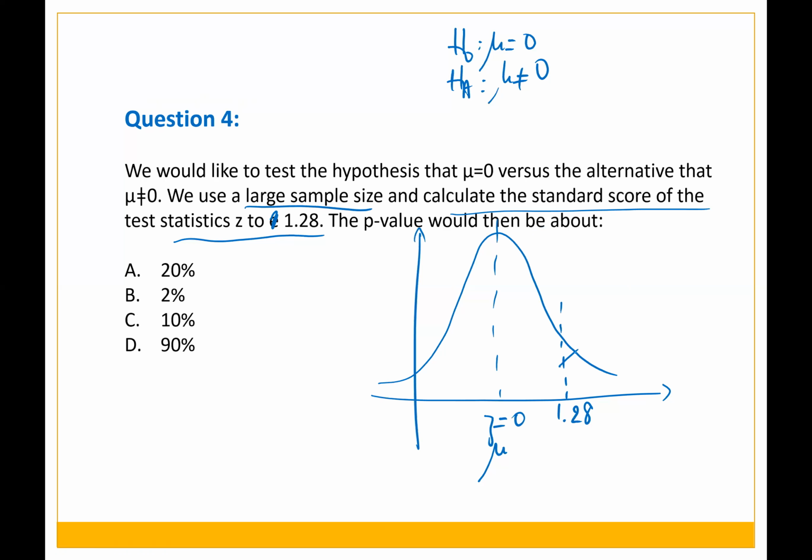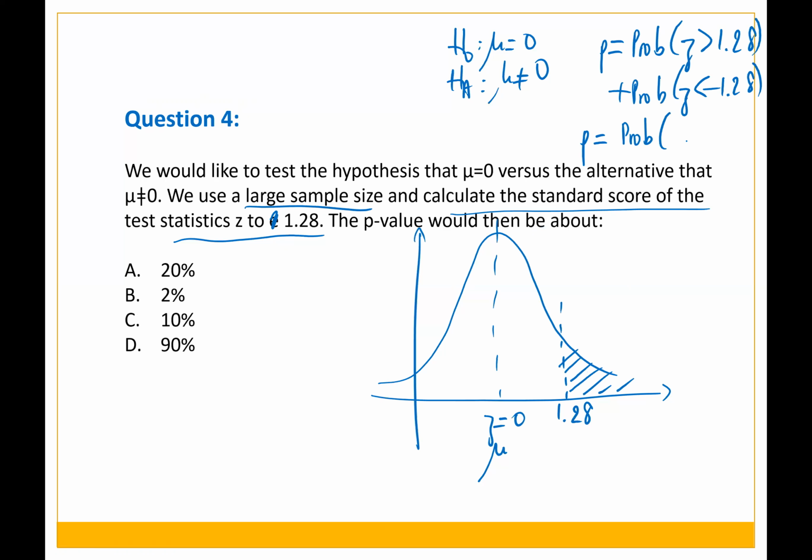So you have to look at the probability that your p-value is equal to the probability of your z bigger than 1.28 plus your probability of z smaller than negative 1.28, because this p here is equal to the probability of the absolute value of z bigger than 1.28.